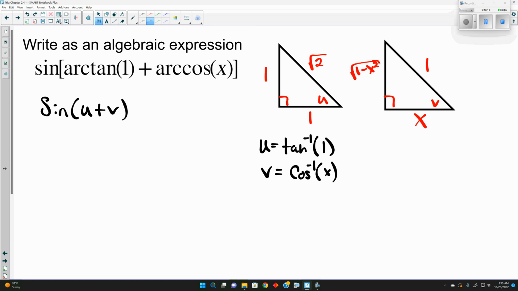If we already have it, there's no reason to reprove it or re-show that it works. Now, sine of u plus v is going to be sine of u cosine v plus cosine u sine of v.